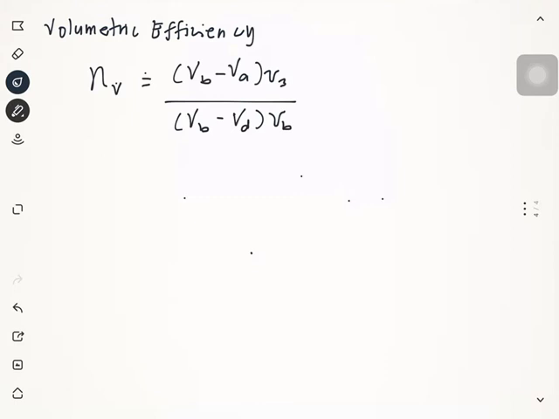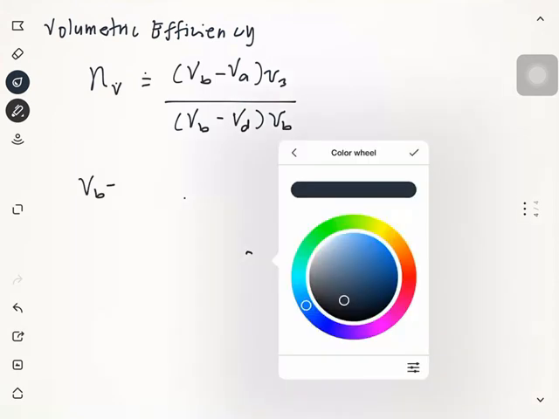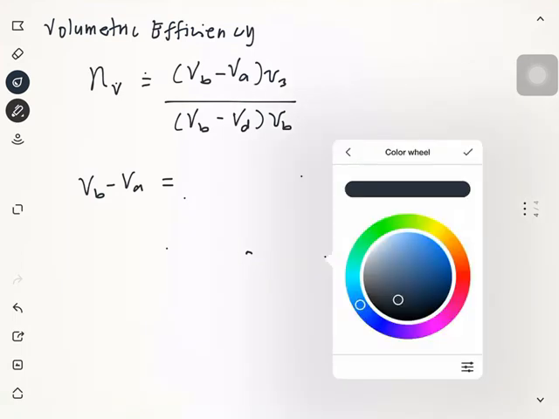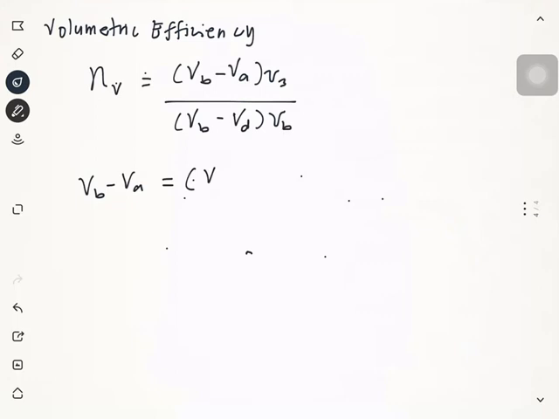And this VB minus VA is equal to VB minus VD here, minus VA minus VD.